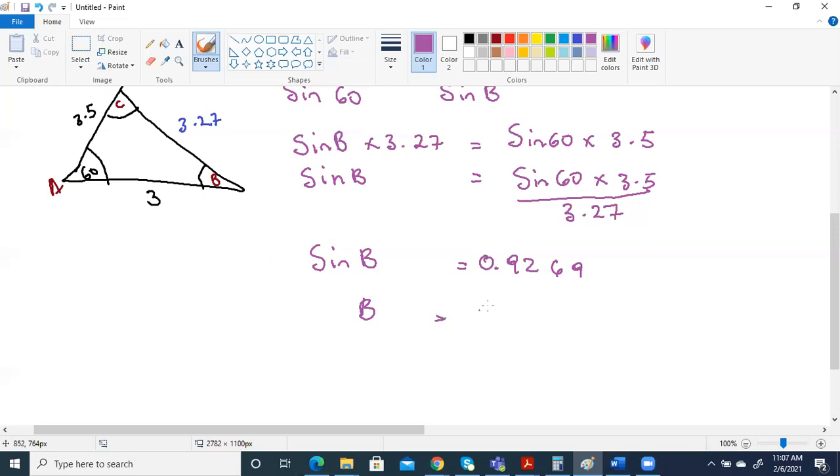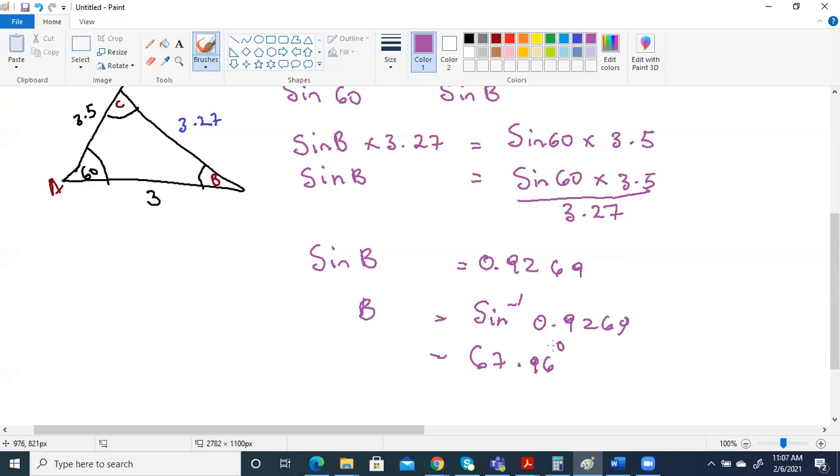So B is equal to the sine inverse of 0.9269, which is equal to, what did you get? 67.95? 67.9? 67.96.